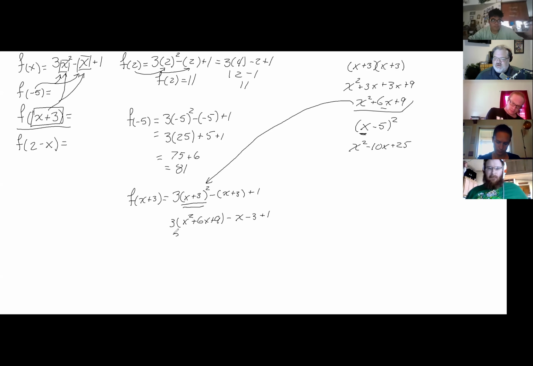Plus 1. And then 3x squared plus 18x plus 27, minus x minus 3 plus 1. And then 3x squared plus 17x, and then plus 25.